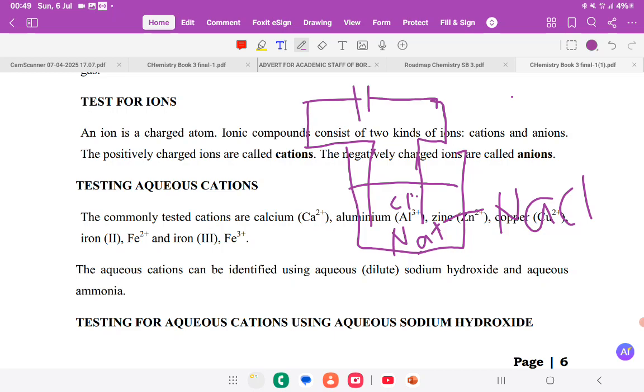Okay, so if you consider this setup with respect to the cell or the battery used, a battery has a positive terminal and a negative terminal. The part of the circuit which is connected to the positive terminal of the battery is called the anode, and that which is connected to the negative terminal is called the cathode.